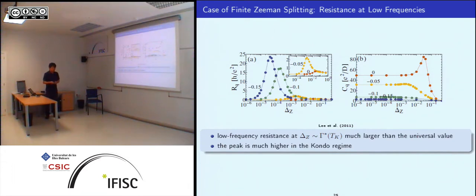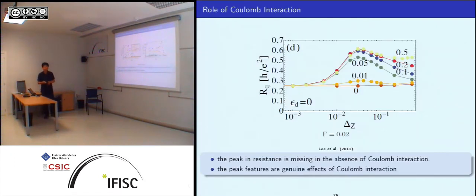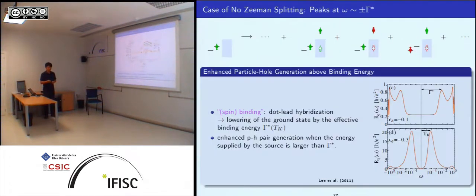Then why do we have such a big feature in this system? It is due to the Coulomb interaction. By turning off the Coulomb interaction, the peak disappears. So we can say that this phenomenon is attributed to the Coulomb interaction.